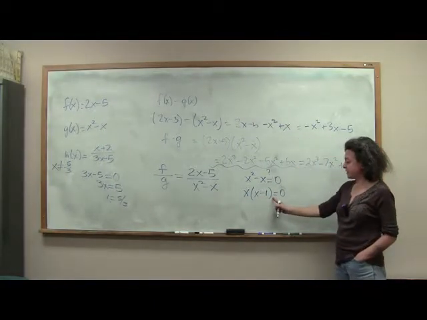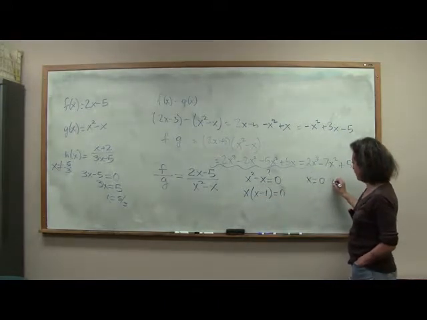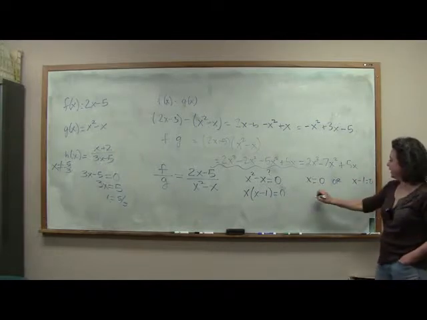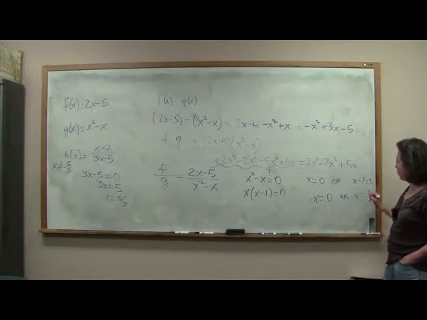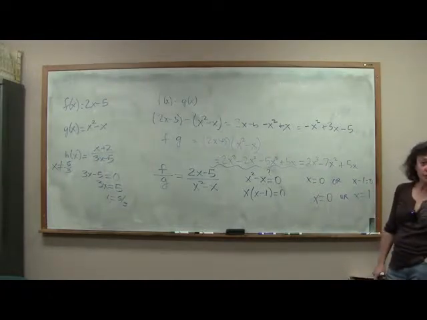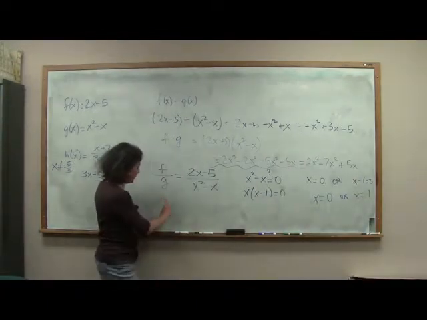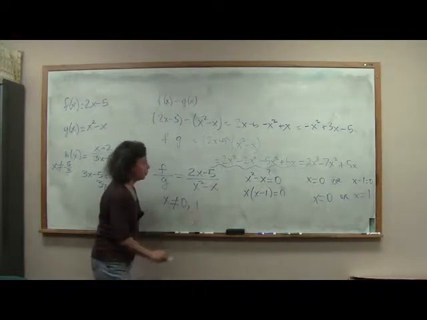Now I have the product of two things equal to 0. So either the first one is 0 or the second one is 0. In other words, x equals 0 or x equals 1 are the two places that will give me a denominator of 0. So the way I would write my domain here is x can't be 0, nor can it be 1.